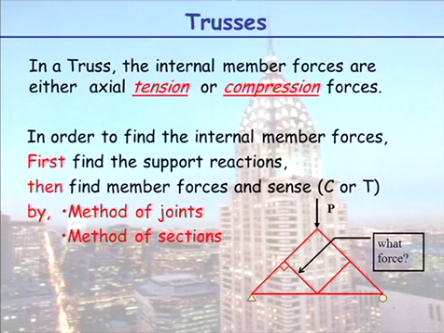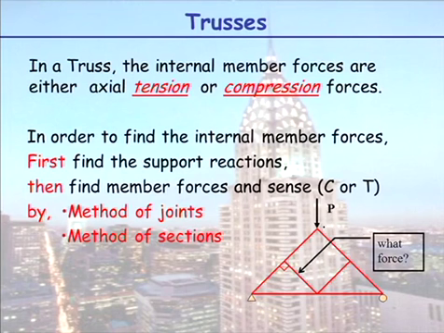And when we apply all the loads, we're applying them at the joints. So in order to find the internal member forces, usually first things first, you calculate your reactions, and then you would find the member forces by the method of joints or sections.